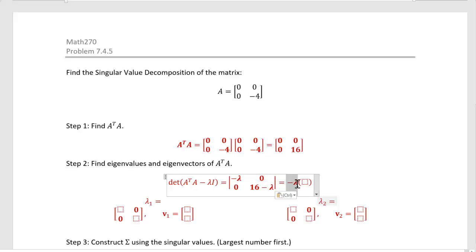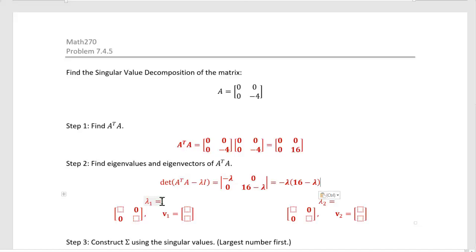Since this is a diagonal matrix, the characteristic polynomial is just the product of the diagonals: minus lambda times 16 minus lambda. This gives us our solutions for lambda: lambda is equal to 16 and 0.